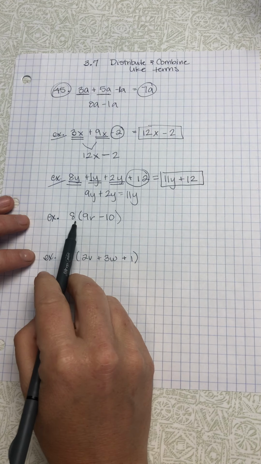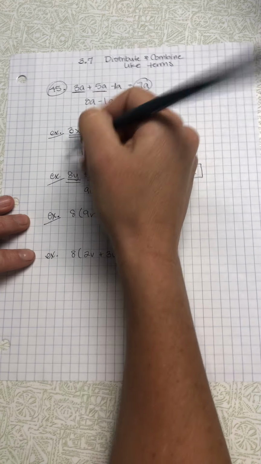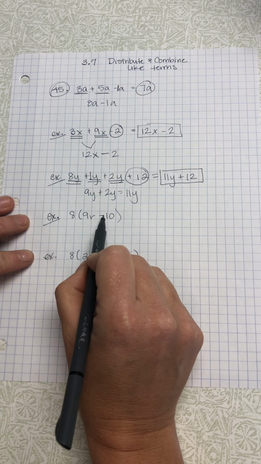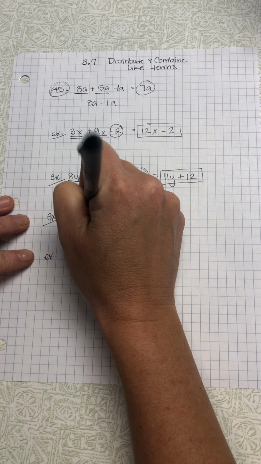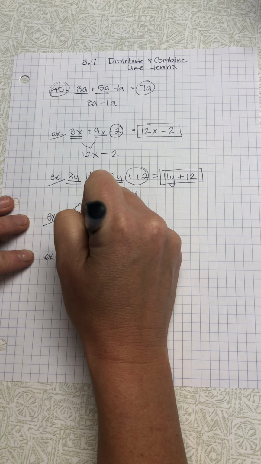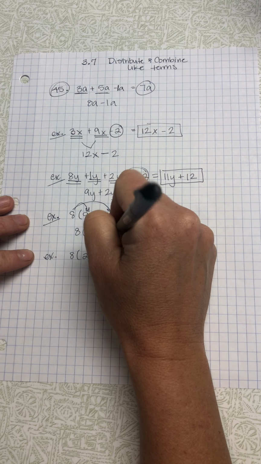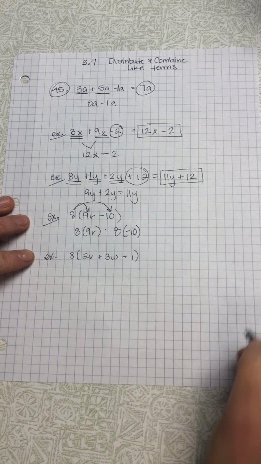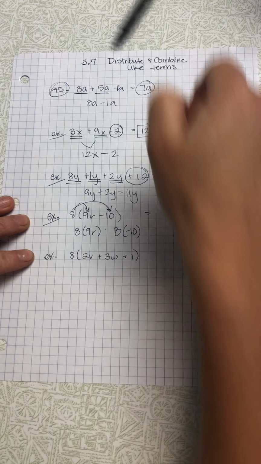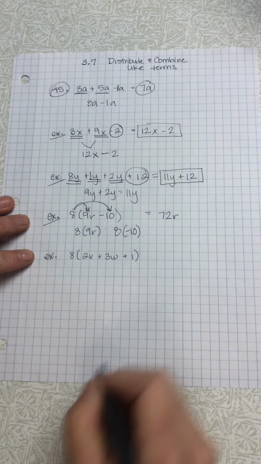Sometimes you'll have to distribute and then check to see if you can combine like terms. In this next example, this is the fourth one, we have an 8 on the outside and a 9r and a negative 10 on the inside. So like yesterday, you're going to distribute by multiplying 8 times 9r and 8 times negative 10. 8 times 9, oopsie, is 72r.